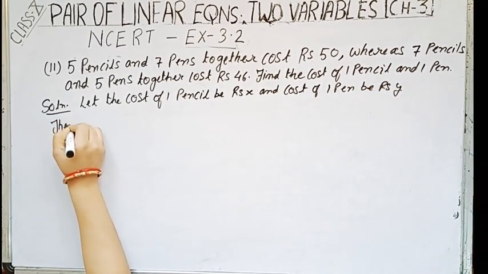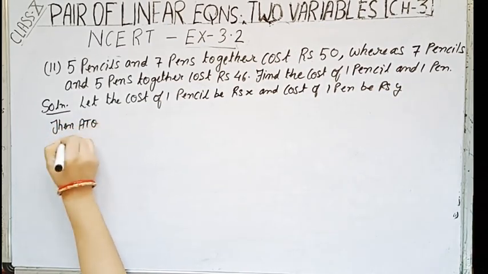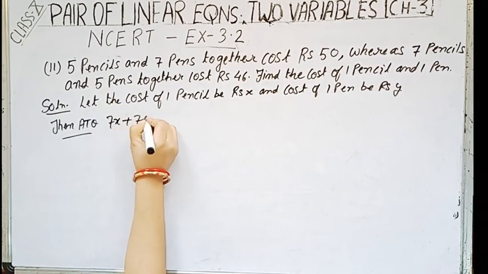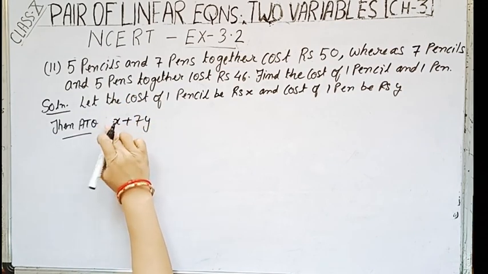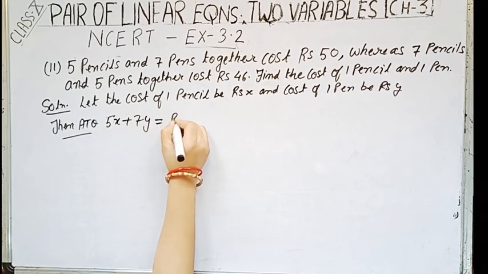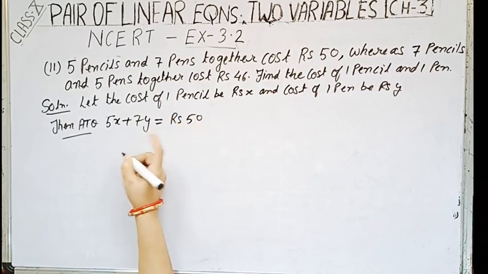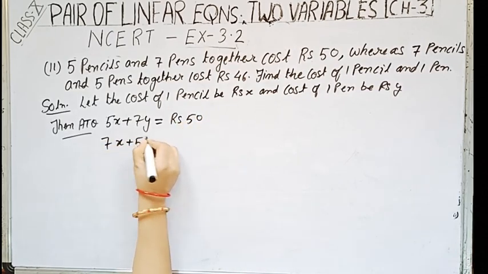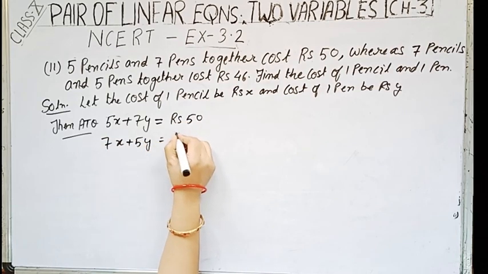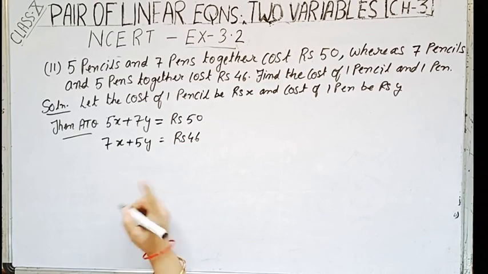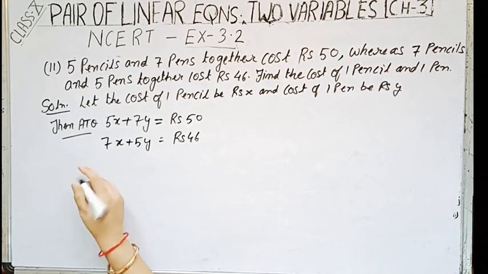Then according to the question, 5 pencils and 7 pens equal rupees 50, and 7 pencils and 5 pens equal rupees 46. Now we have to find the cost of 1 pen and 1 pencil by the graphical method.